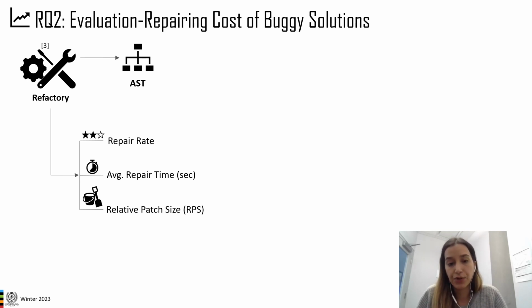The other one is the time the tool takes to repair the bugs. And the last one is the patch size, which is calculated based on the nodes that are added to and removed from the abstract syntax tree to fix the bug.